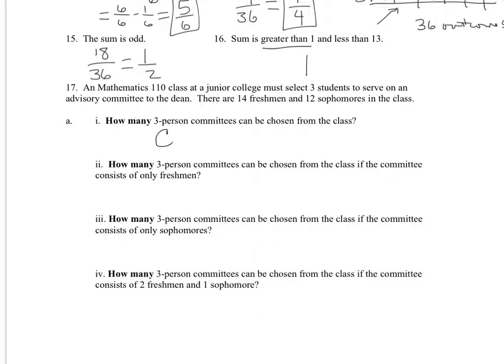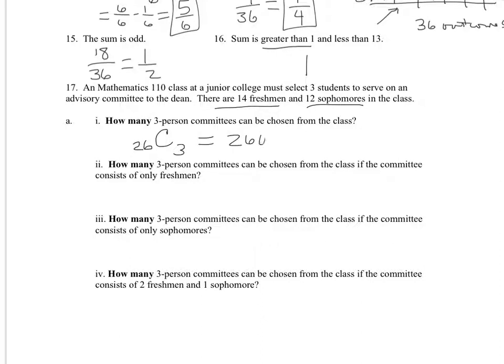And since it said how many 3-person committees can be chosen from the class, that means I need to know how many people are in the class. And if you look at this, there are 14 freshmen, 12 sophomores. Altogether, that means I am choosing from 26 people. And how many people do I want on the committee? 3. So this is a combination of 26 things taken 3 at a time.